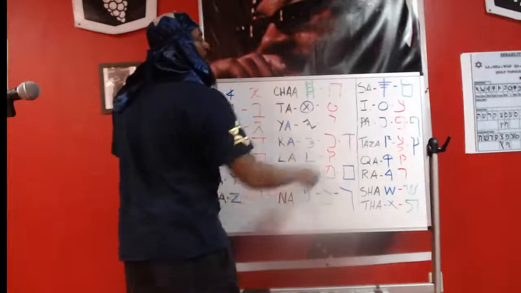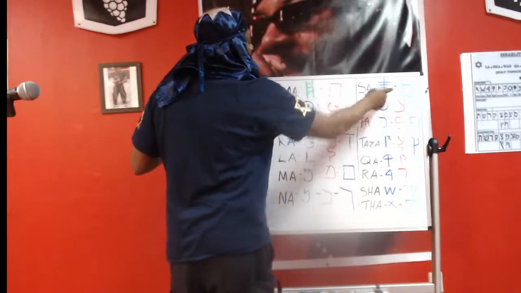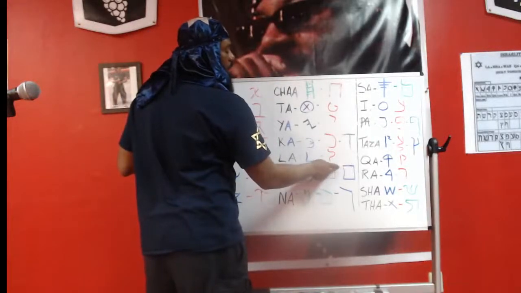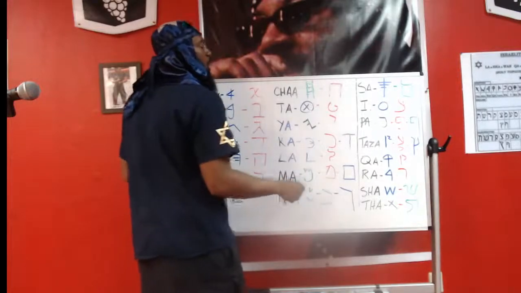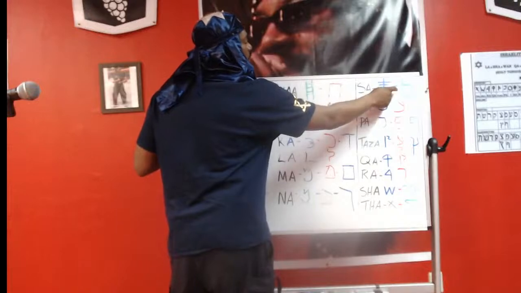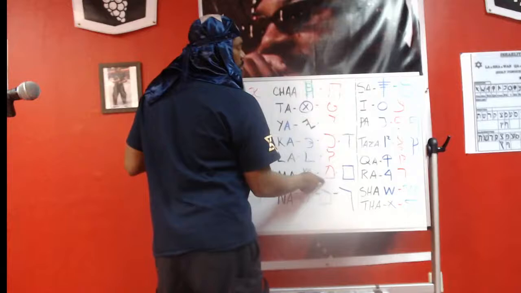Then we have Sa, and we always go over that Sa can be mistaken for Ma sometimes, or vice versa. But remember, if it is at the beginning or anywhere, if it's not at the end of the word, it's going to be Ma.